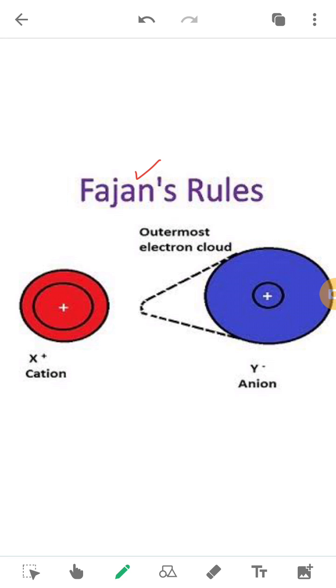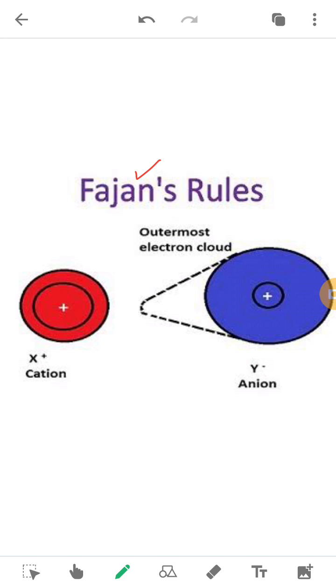They are of course held, but not very tightly. So when we have two oppositely charged ions, of course of unequal size, and both approach each other, the ion which is smaller in size, that is the cation, will attract the outermost electrons of the anion, because the electron cloud of the anion is not tightly held by its own nucleus.